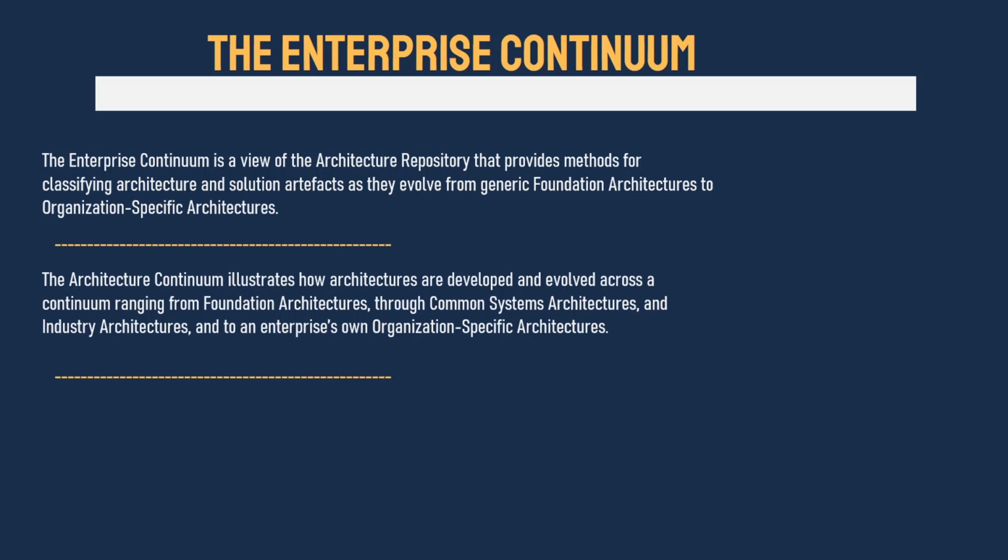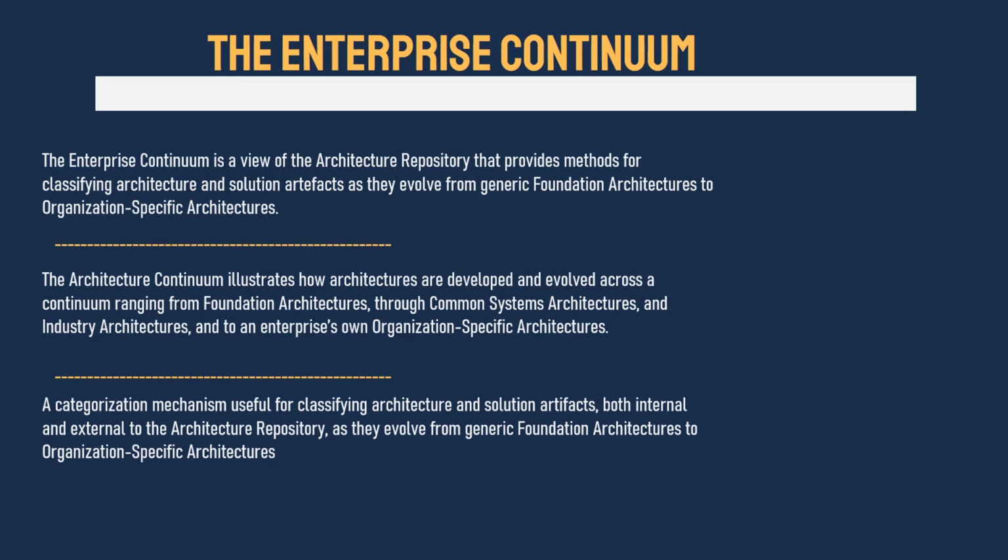Or we can say it is a categorization mechanism useful for classifying architecture and solution artifacts, both internal and external to the architecture repository, as they evolve from generic foundation architectures to organization-specific architectures.